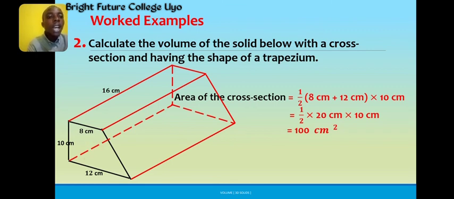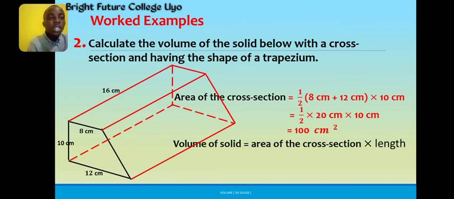Okay, now how do we find the volume? The volume has to do with the height, the amount of space it occupies. Now you bring in the height. This should be height, I beg your pardon. So the volume is the area of the cross section times height. The height here is now 16.